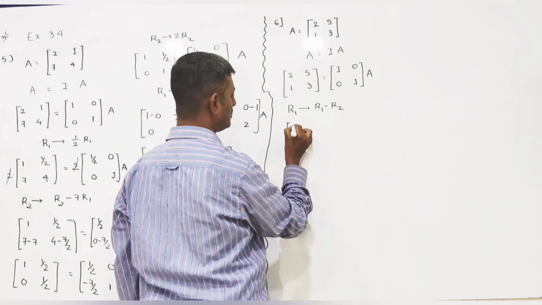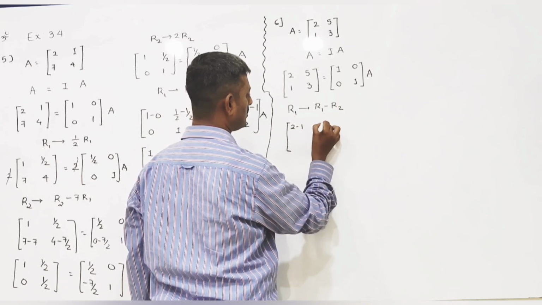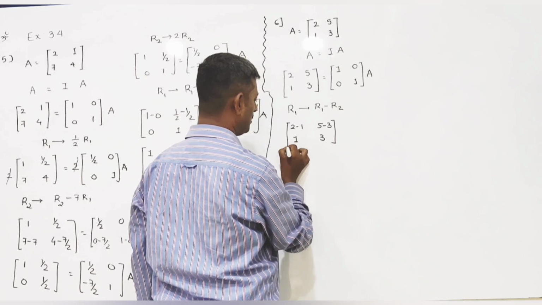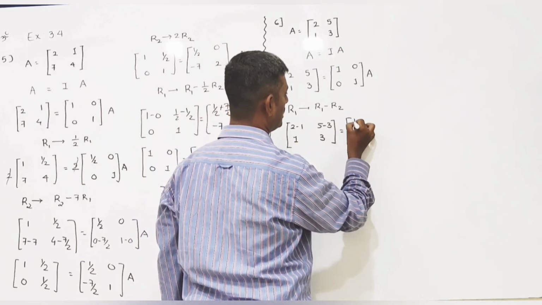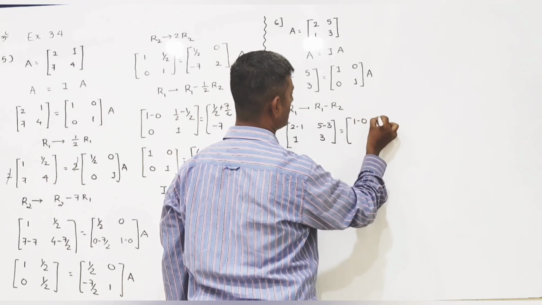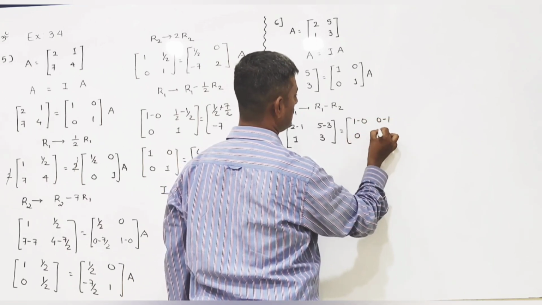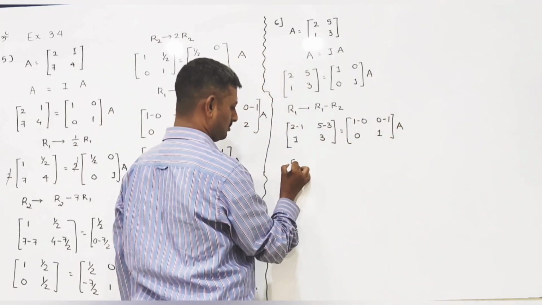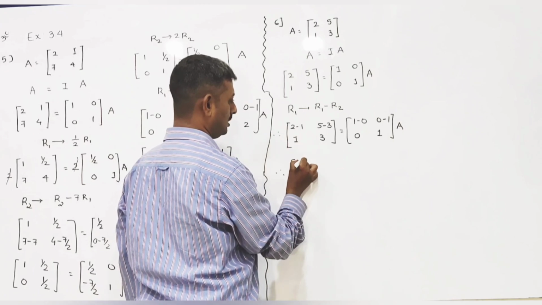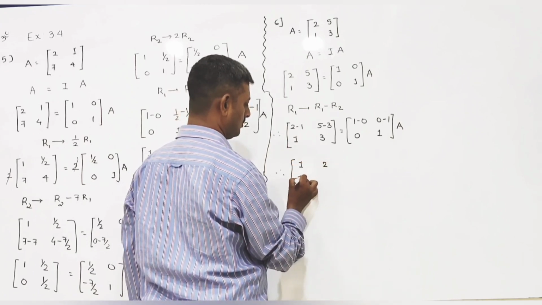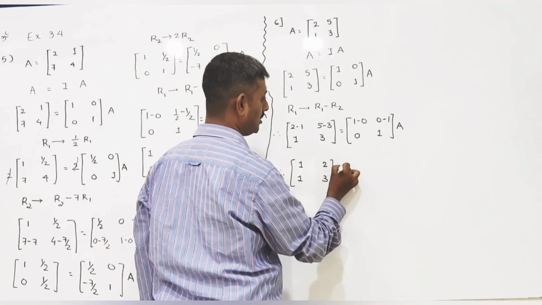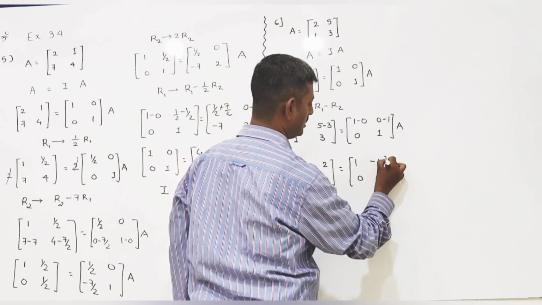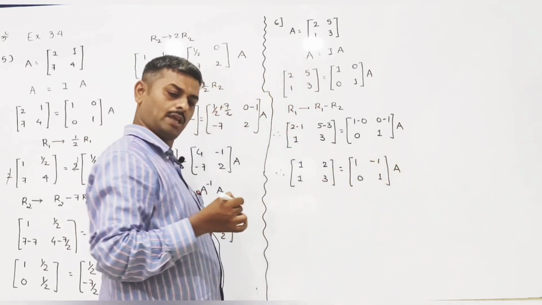So here 2 minus 1, 5 minus 3, 1 3 is equal to 1 minus 0, 0 minus 1, 0 and 1 into A. So this becomes 1 2, 1 3 is equal to 1 minus 1, 0, 1 into A.